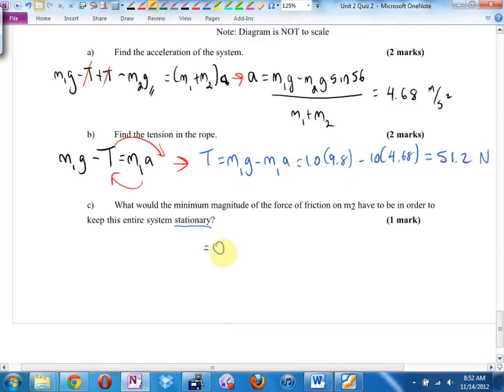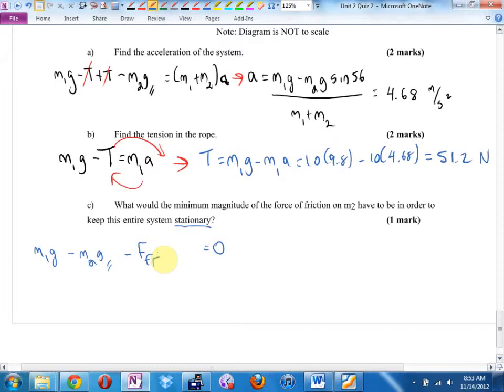Now, I would still have M1G pulling down. I would still have my tensions cancel, and because I don't have much room to write, I'm not going to show that step. I would still have minus M2G parallel, but now I would also have minus the force of friction, because that's down the hill.